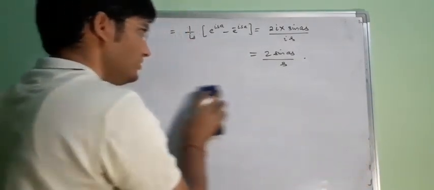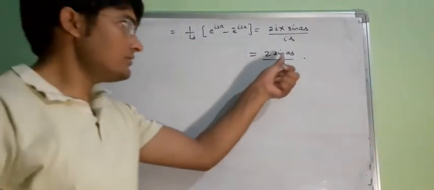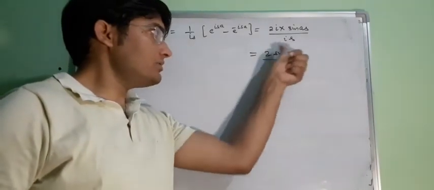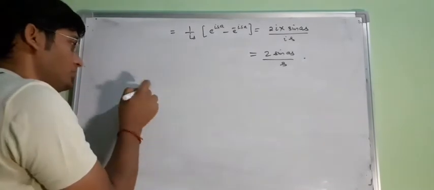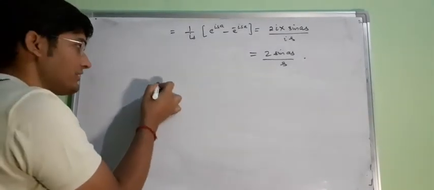Now we have to find the value of the integral of its square. So let us use the Parseval identity.